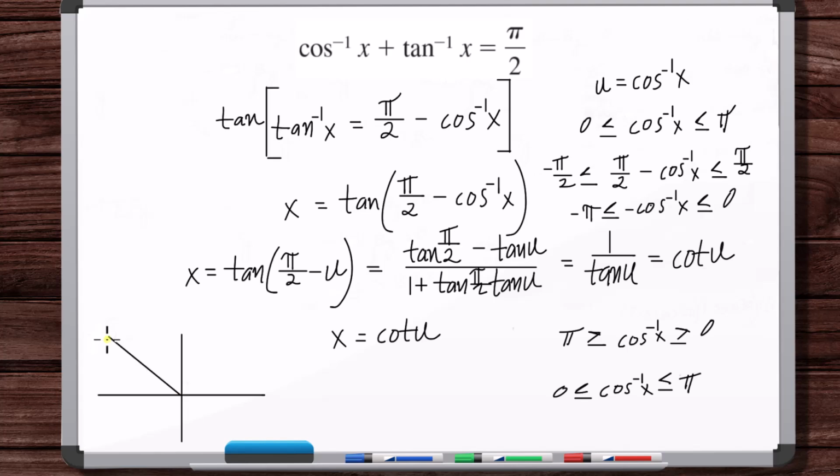So let's put an angle here. Let's put an angle here. Okay, these are both potential u values. Right, this could be u or this could be u. Okay, so, all right, cosine of u is equal to x. So, all right, that's fine because x can be negative, right? X is just a variable, so that's okay.